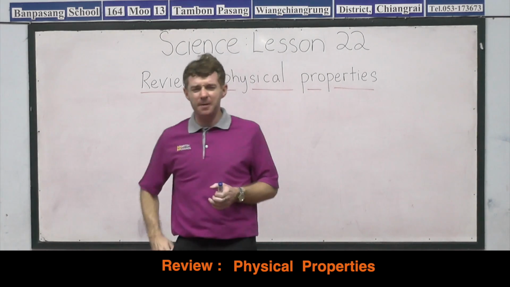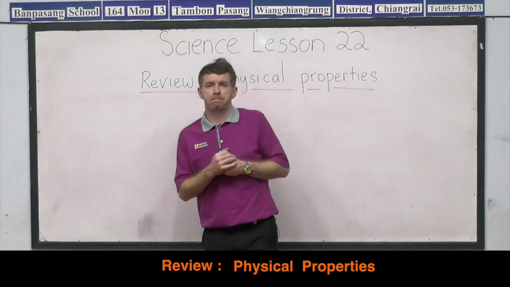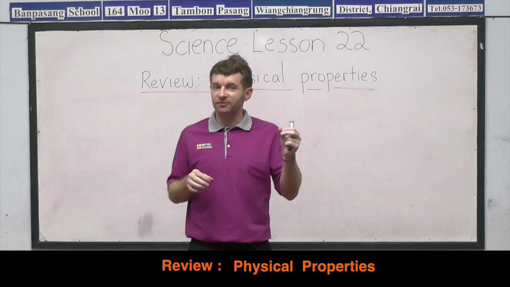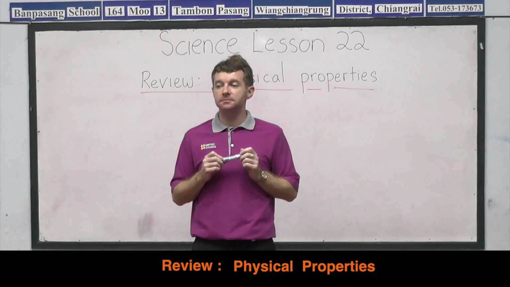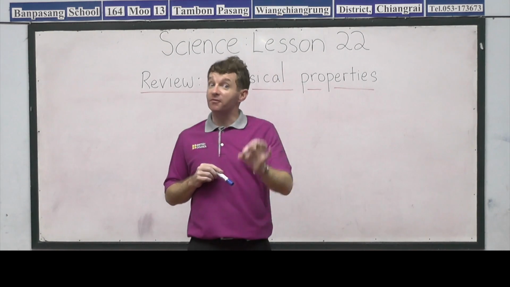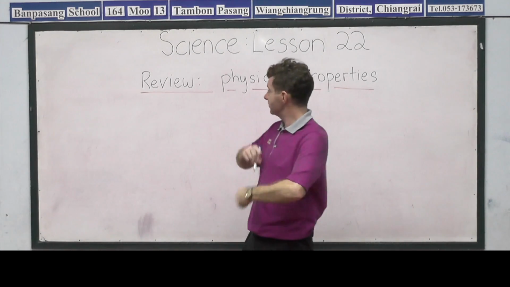So physical properties. Does anybody remember any physical property? What's a physical property? A physical property is the way that something is made. Does anybody remember any physical properties? Excellent. Flexibility. So let's write that word.